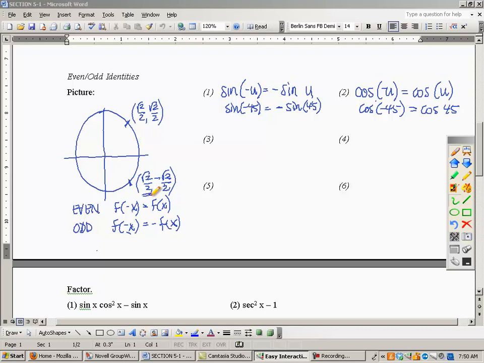And if you look, these cosine values are identical. So this is the idea. I'll discuss even and odd at the end. Let's do tangent. The tangent of a negative angle is the same thing as the negative tangent of the angle. Again, sine over cosine at negative 45 would be negative 1, where at positive 45 would be positive 1. So it's the negative of my original.